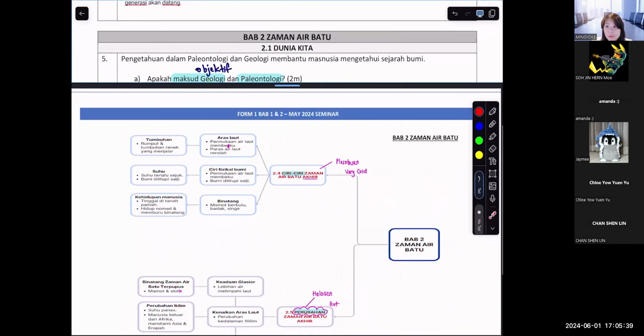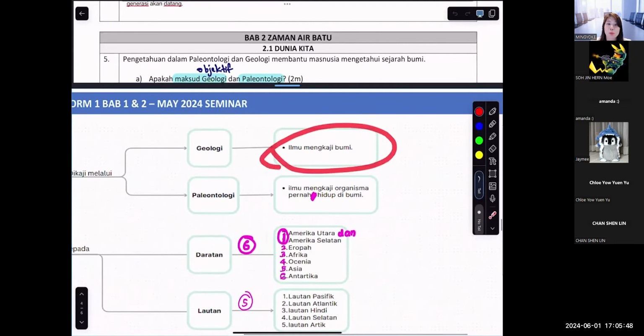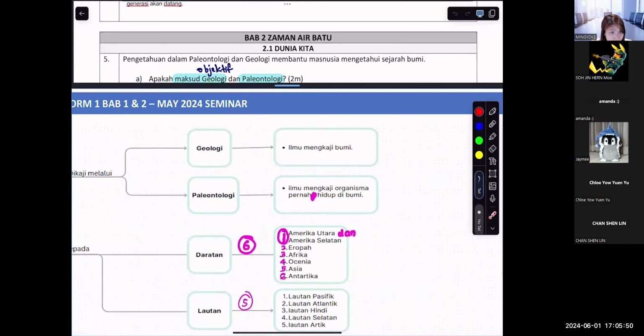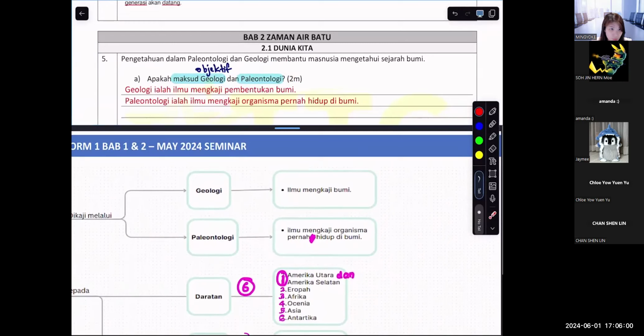For example, geologi bermaksud ilmu mengkaji bumi. Geologi ialah ilmu mengkaji bumi. Or paleontology. So you have to start with what? Maksud geologi ialah mengkaji pembentukan bumi.